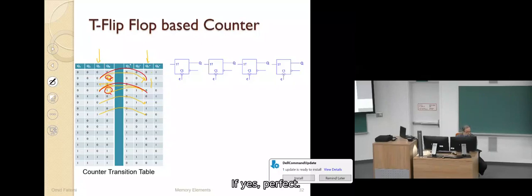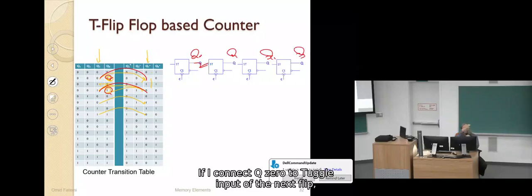Perfect, very good, of course, that's perfect. So if I connect Q0 to the toggle input of the next flip-flop, this is Q0, this is Q1, this is Q2, this is Q3.